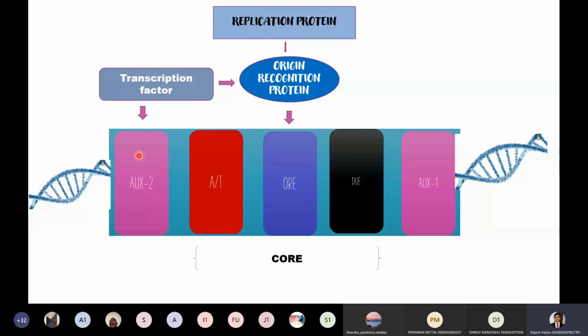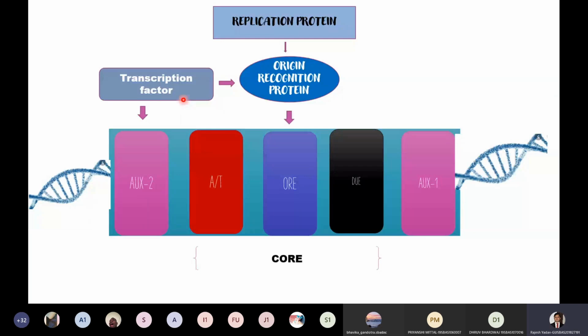And now what is the function of the auxiliary element? This auxiliary element will bind with the transcription factor, and this transcription factor will also bind with the origin recognition protein. Basically, the transcription factor takes part in transcription. Transcription is another process, the formation of RNA from DNA.